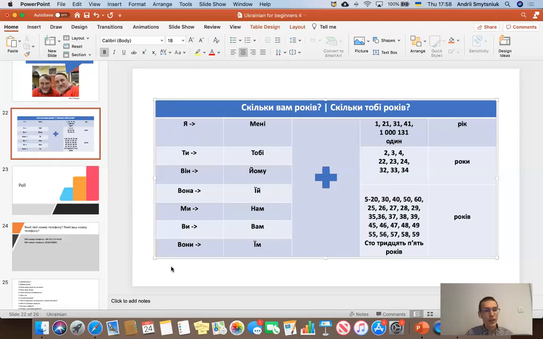Okay, so I see one more question. If we say we saw 131 cows eating grass in the meadow, would cows be singular and would the verb eating be plural?